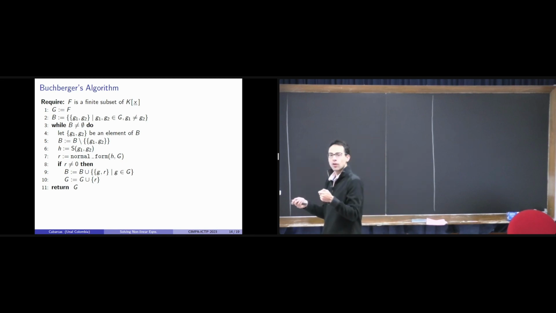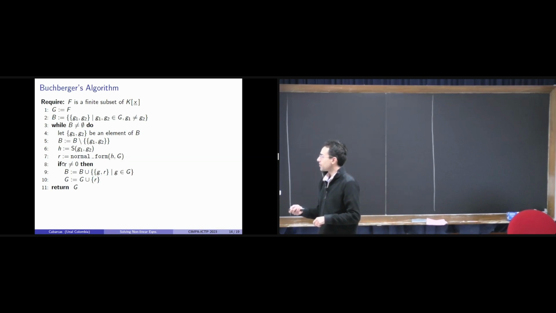We're going to do the division algorithm of H under G. So we're going to find the remainder R of dividing H by the current basis G.